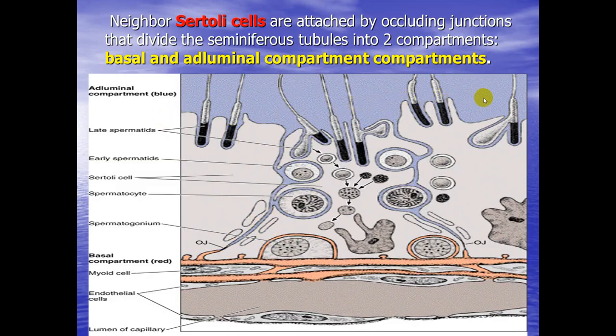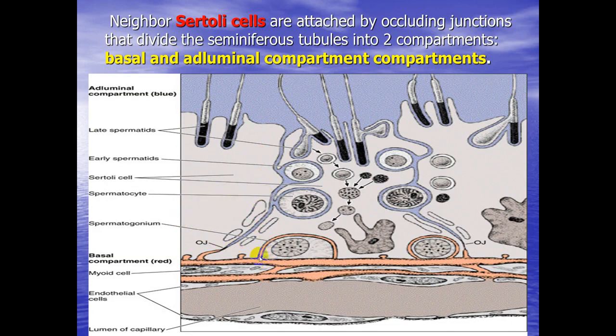This scheme shows you in detail the Sertoli cells and spermatogenic cells which are located on the surface of the Sertoli cells. So lateral processes of the Sertoli cells meet the same lateral processes of the neighbor Sertoli cell, form the tight junction complex with one another and divide the seminiferous epithelium into two very regular compartments.